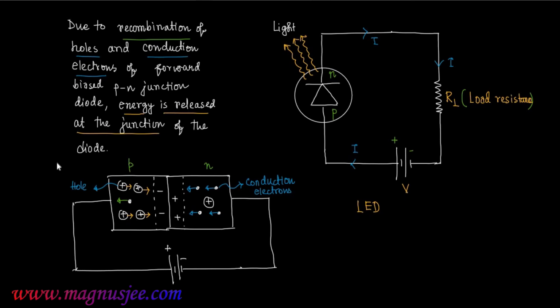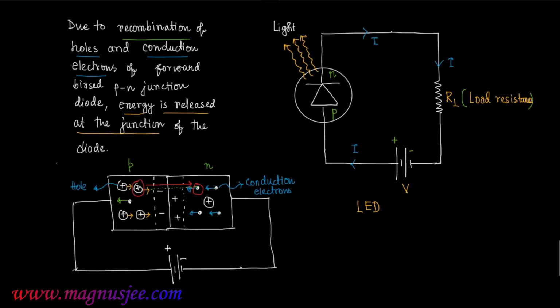In this case, when a hole migrates through the junction and recombines with an electron, that means the hole neutralizes a conduction electron.